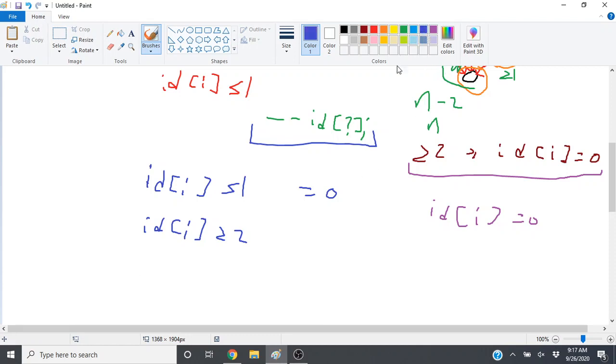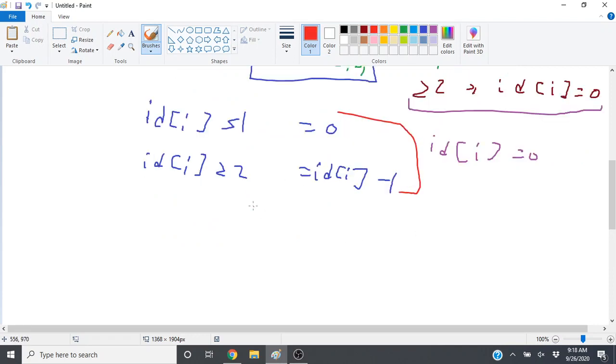Or 0, but it would be easier to make it 1 because we can have something else be 0 and use strictly fewer operations. So we have to decrease until it becomes 1, which means the cost is ID_i minus 1. We can summarize both of these in just the simple formula of the maximum of 0 and ID_i minus 1.